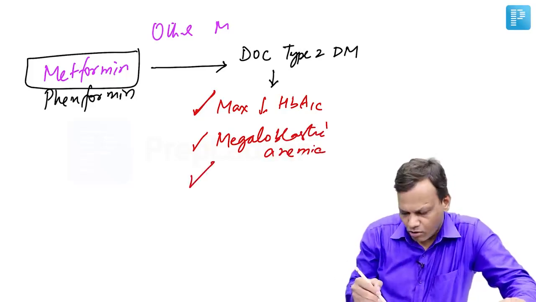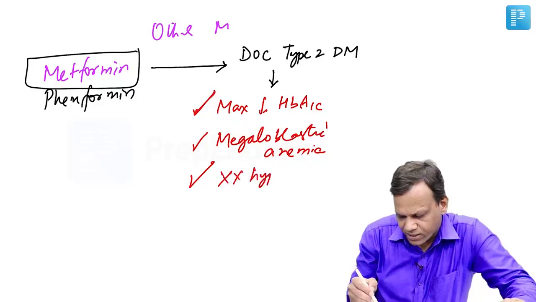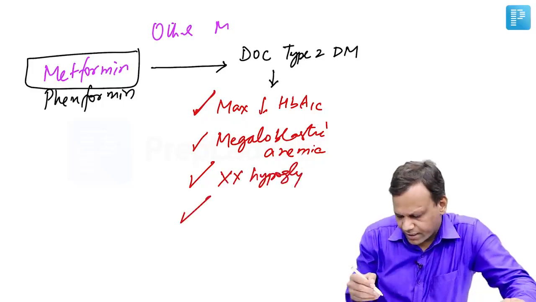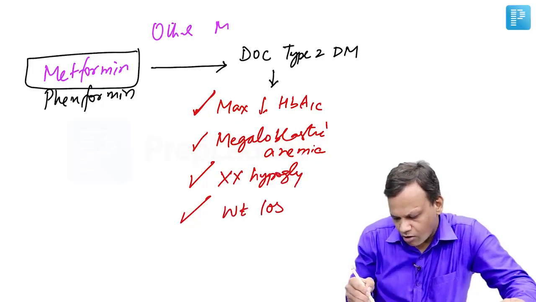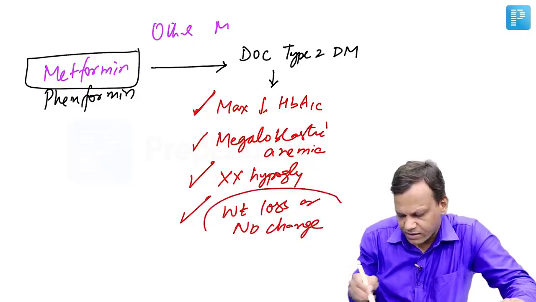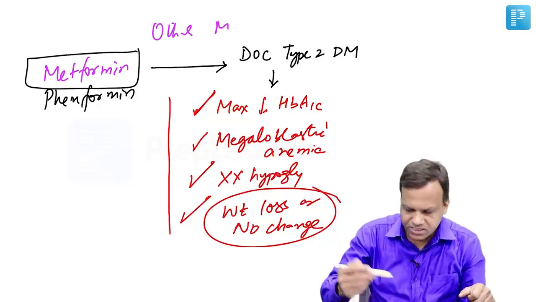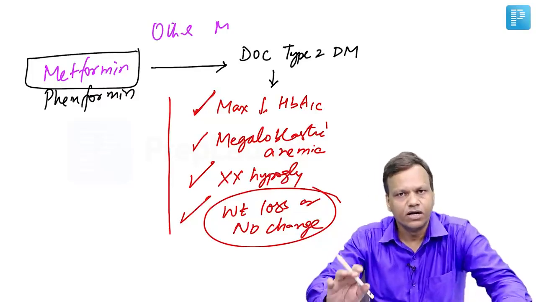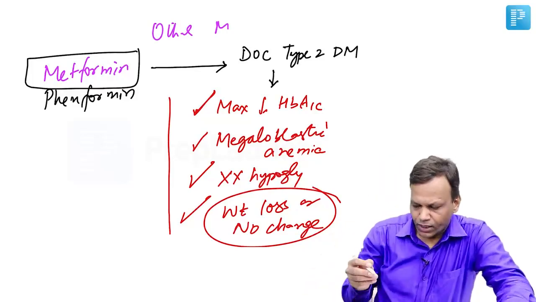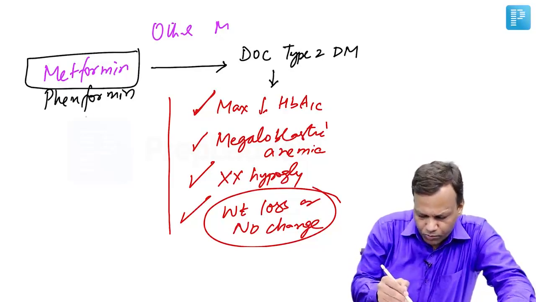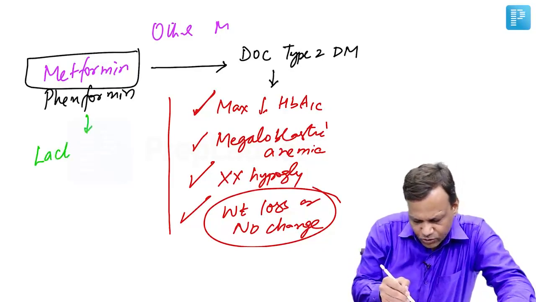Another advantage, it does not cause hypoglycemia, no risk of hypoglycemia. Third, it can cause weight loss or no change in weight. Remember, it does not cause weight gain. Sulfonylureas cause weight gain, it does not. So because of all these advantages, it is the first line drug for type 2 diabetes mellitus. Now, metformin group of drugs can cause lactic acidosis.